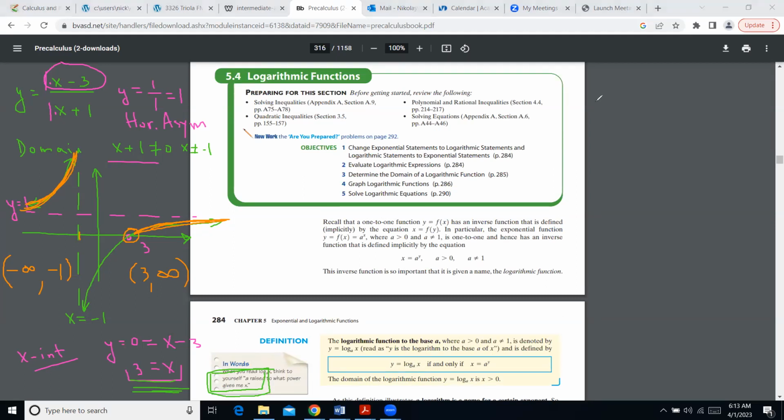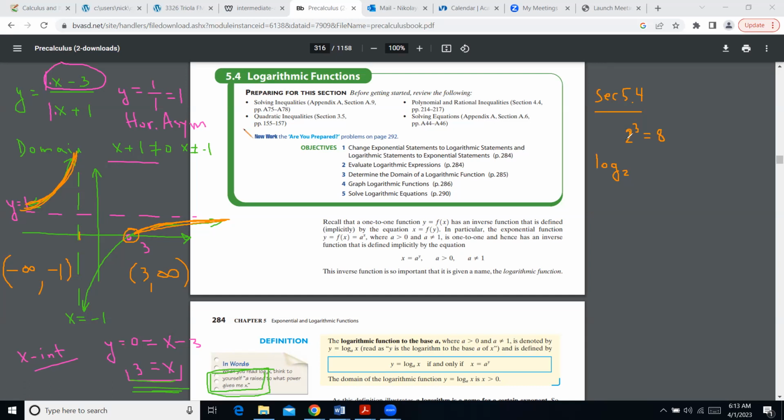So in section 5.4, they're talking about such things as, let me say, 2 to the power of 3. What is it equal to? 8. 2 times 2 times 2 is 8, right? You can rewrite this differently. You can write this as a logarithm base 2.